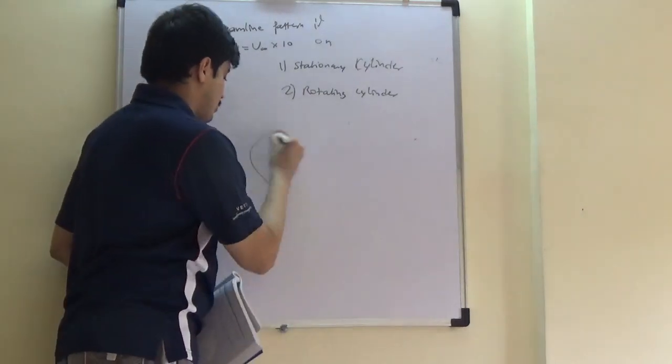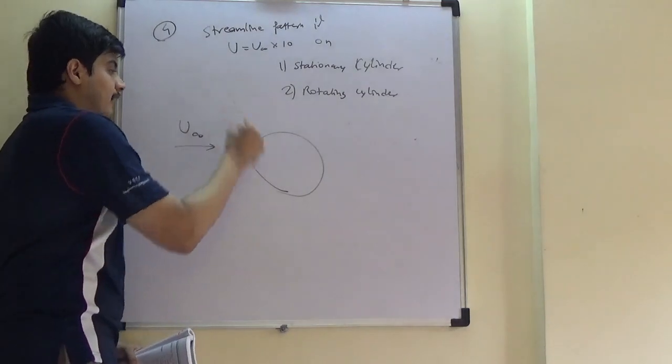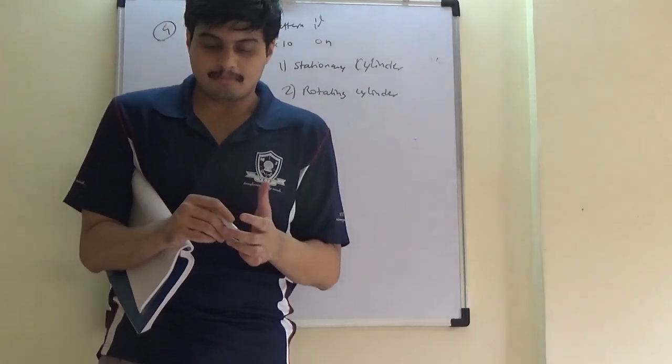Very, very involved question. So the question is, u infinity is made 10 times, and we have been asked to see the impact on the streamline patterns.